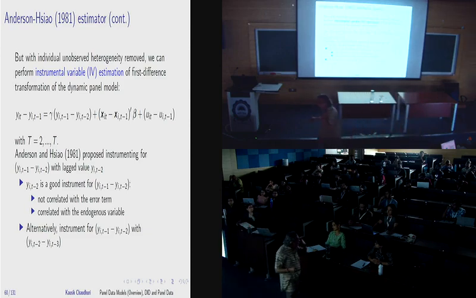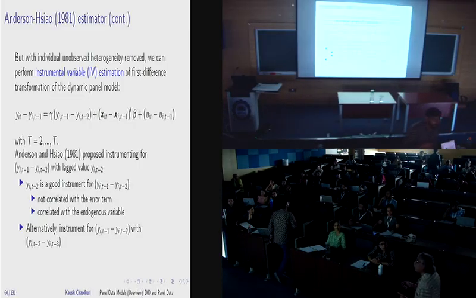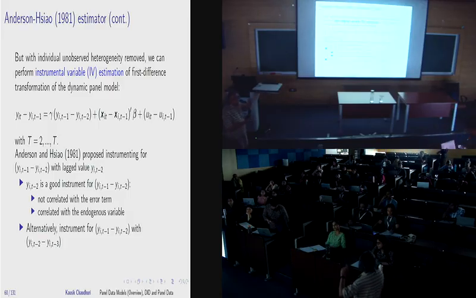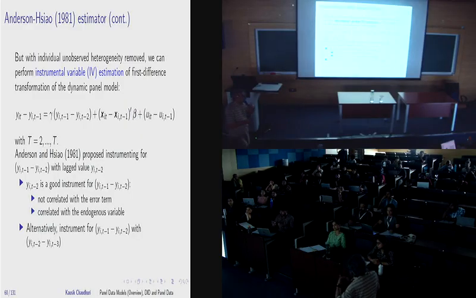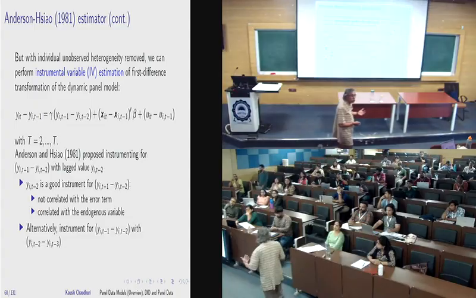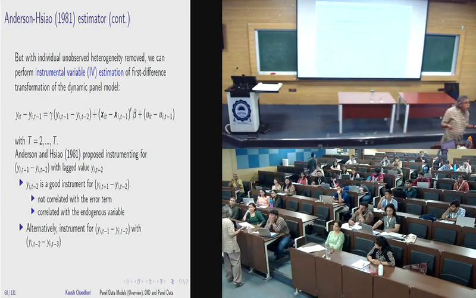Clear? And hence what I can end up with, I actually in my model need one instrument for yit minus 1 minus yit minus 2. But I can end up with multiple instruments. When I end up with multiple instruments, what I call the system is nothing but an over-identified system.